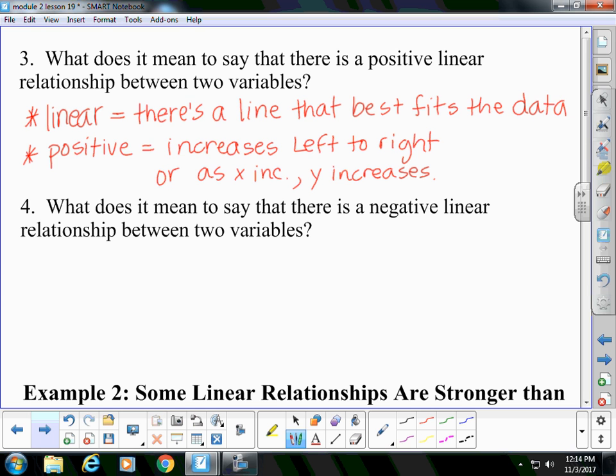Okay, what does it mean to say that there's a negative linear relationship? So again, linear is a line, as opposed to a curve.